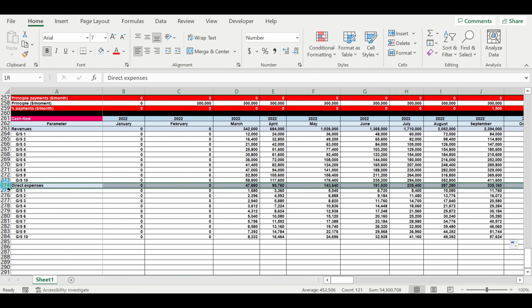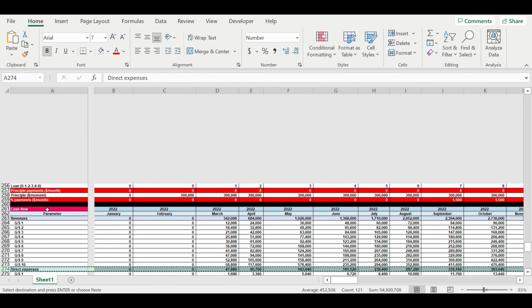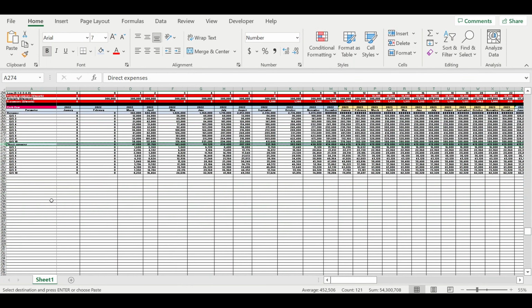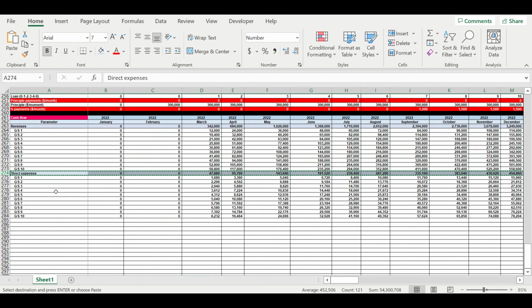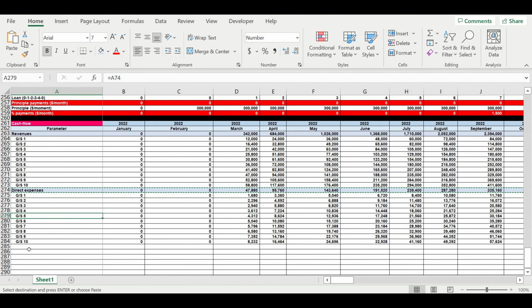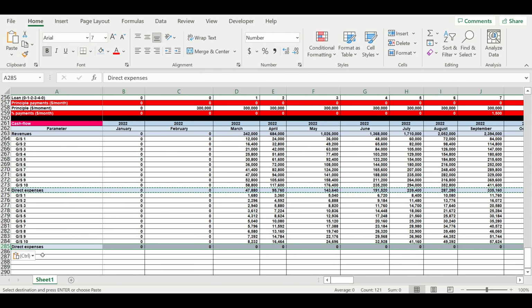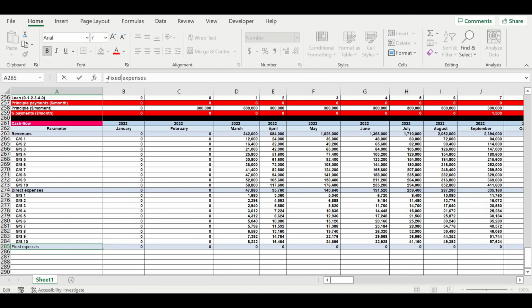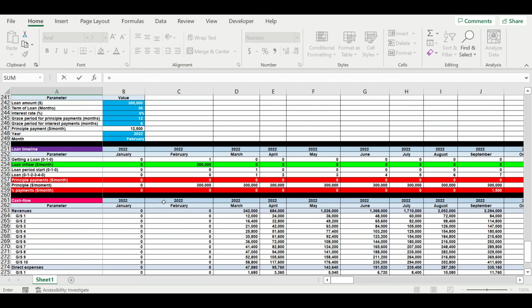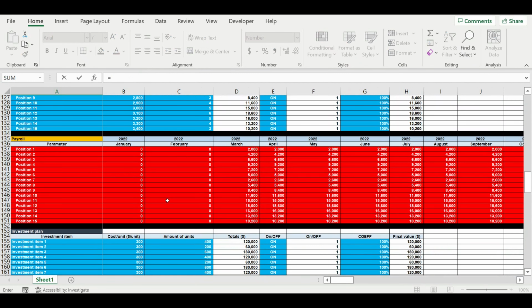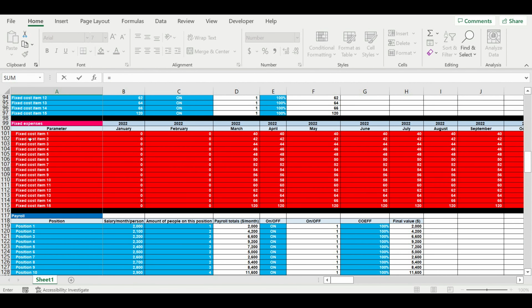Then we are moving to fixed expenses. We're searching for the red lines with fixed expenses. Here they are.